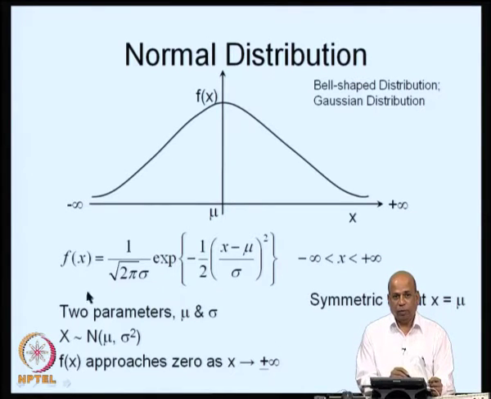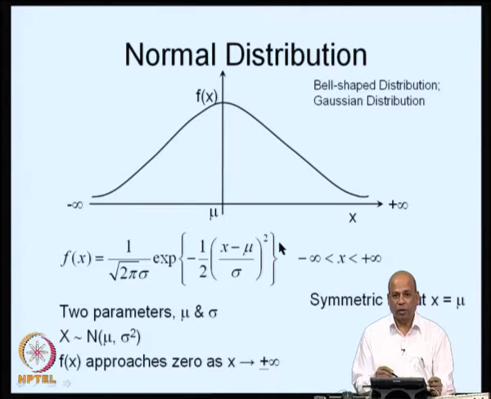As you can see from the distribution, this is the PDF. It has two parameters, mu and sigma. So, once you define parameters mu and sigma, this PDF is completely defined.